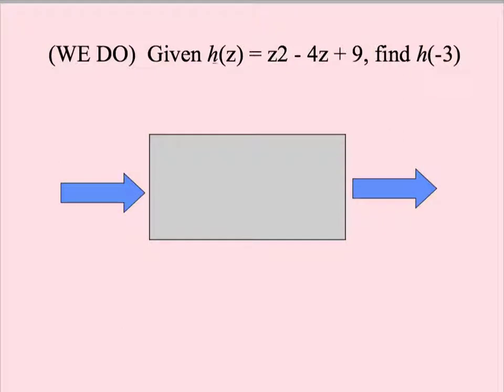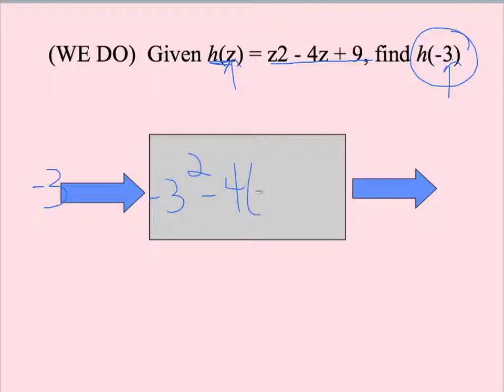Here we have h of z is equal to z squared minus 4z plus 9. I need to find h of negative 3. The negative 3 here is my input. Wherever I see a z, because here I have h of z and h of negative 3, I'm going to put negative 3 where I see z. So negative 3 squared minus 4 times negative 3 plus 9.